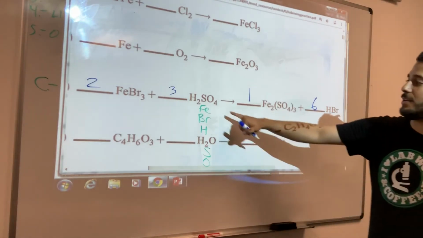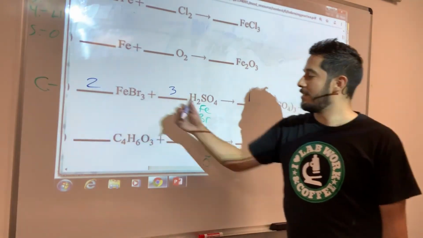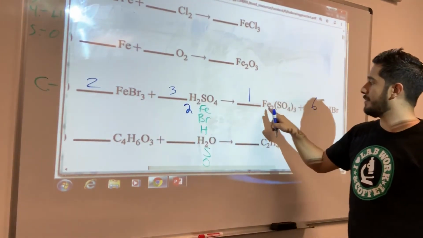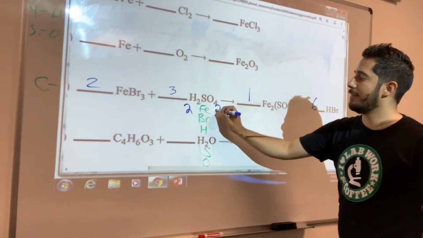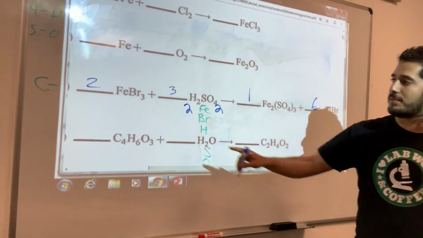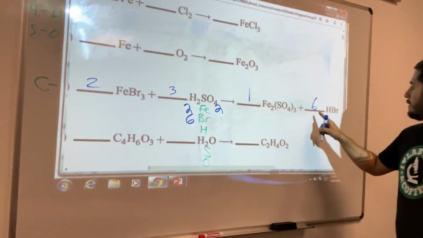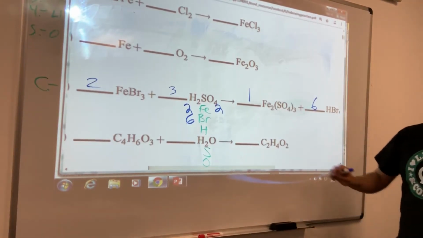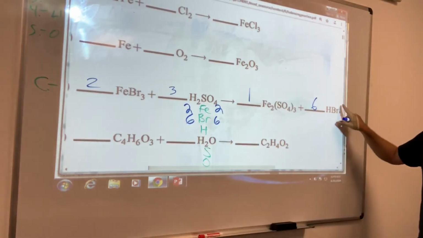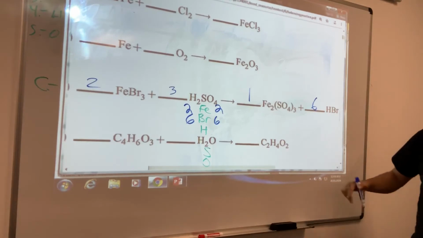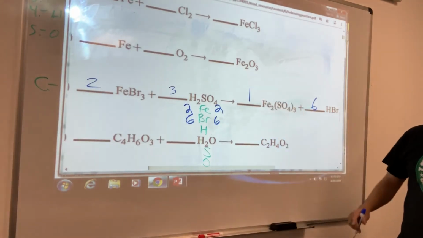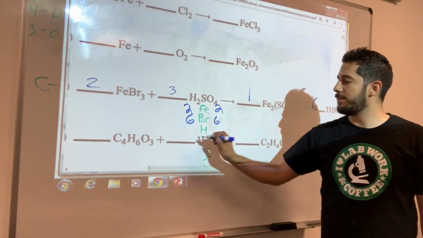How many irons do I have on the left side? 2. There's 2 irons, and on the right side? 2. 1 times 2, right? Bromines? 3 times 2, that's 6. 6 times 1? 6. If there's no number, that's a 1, right? Yes. There's no numbers in there, those are 1s. Hydrogens, there's 6.